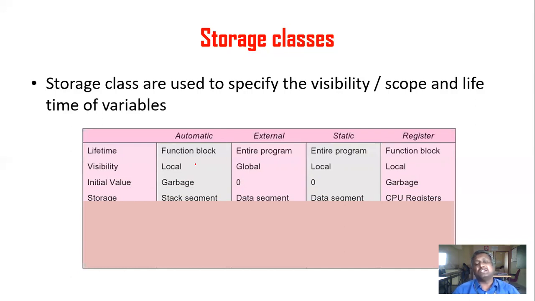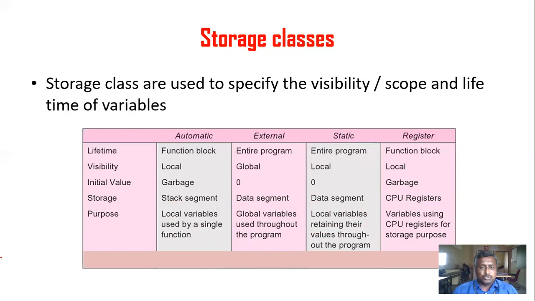External variables are stored in a data segment, a place in memory to store the intermediate data, the output results, and even the input data. Static is the same, stored in the data segment. Whereas register variables are stored in CPU registers.